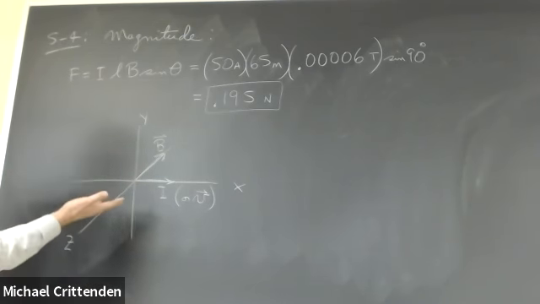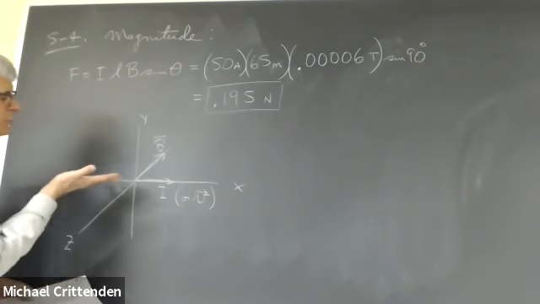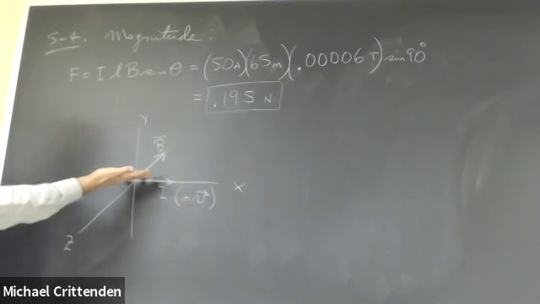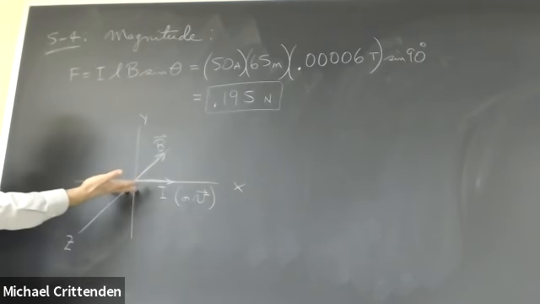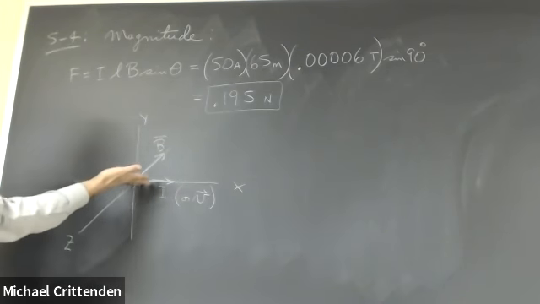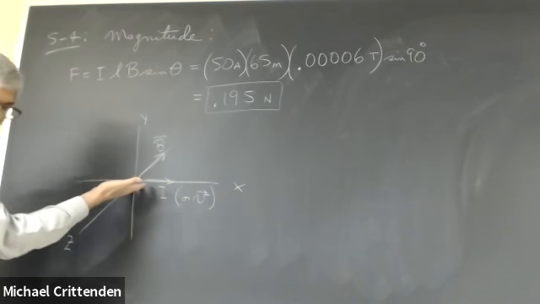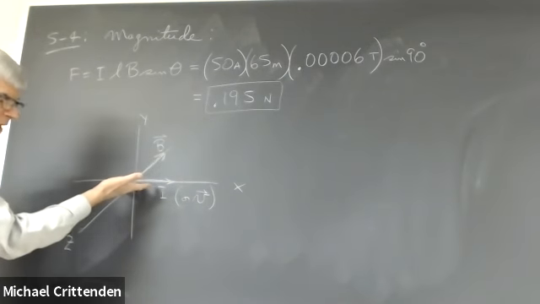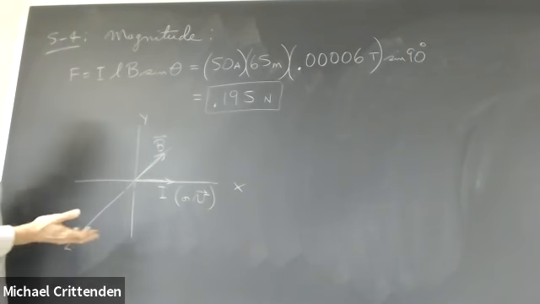Come along with your right hand. And you point your fingers in the direction of the field. That's through the blackboard away from you. And your thumb points in the direction of the current, which is to the right. So if you get your hand like that, your palm pushes upward on the wire.